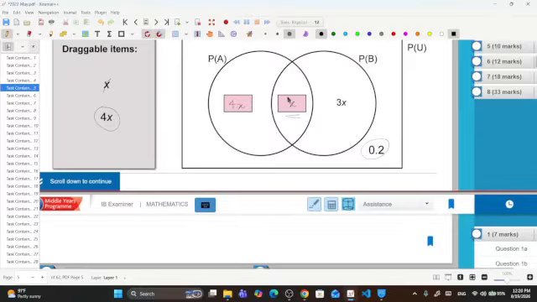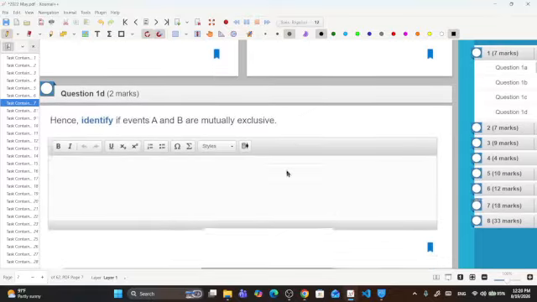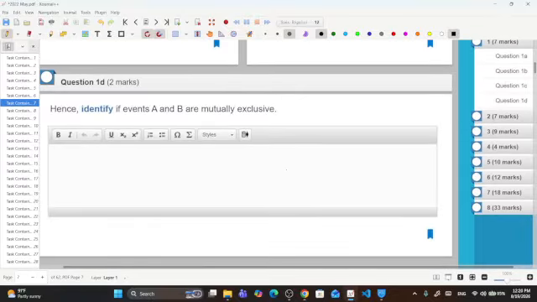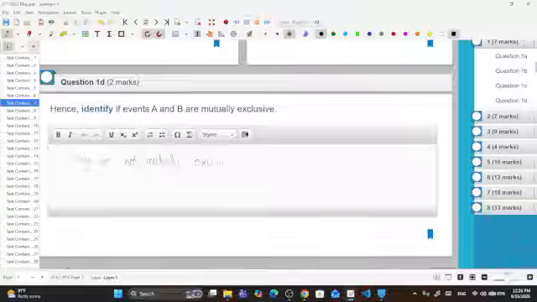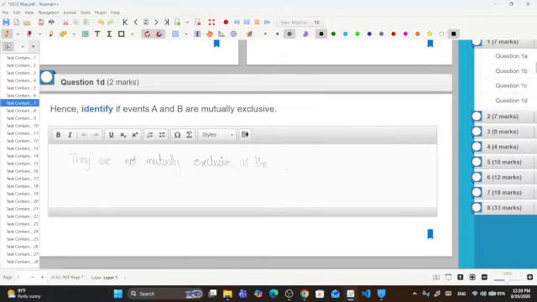So, since there is a value present in between, I can say that they are not mutually exclusive as they have an intersection value.